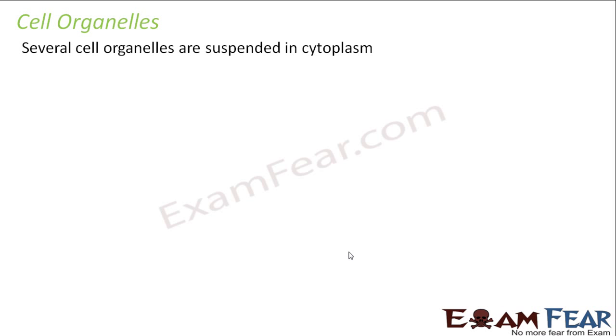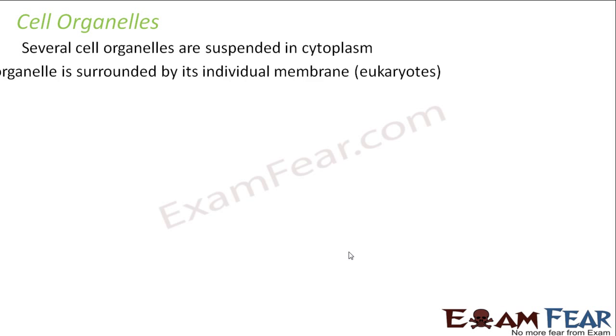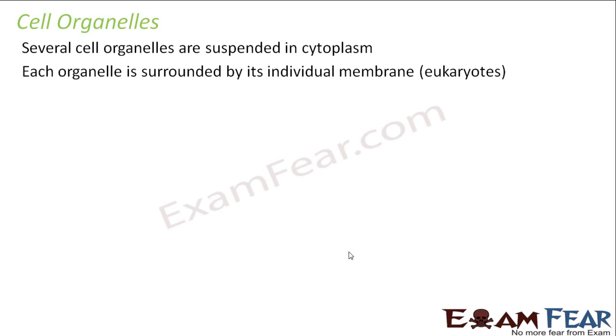So several cell organelles are suspended in cytoplasm. Each organelle is surrounded by its individual membrane. This happens only in case of eukaryotes, because when I talk of prokaryotes, what happens? We don't even have many of the cell organelles, because in some of the prokaryotic cells, you don't have cell organelles at all.